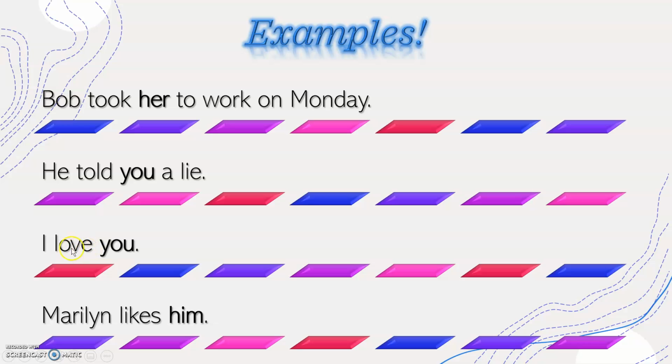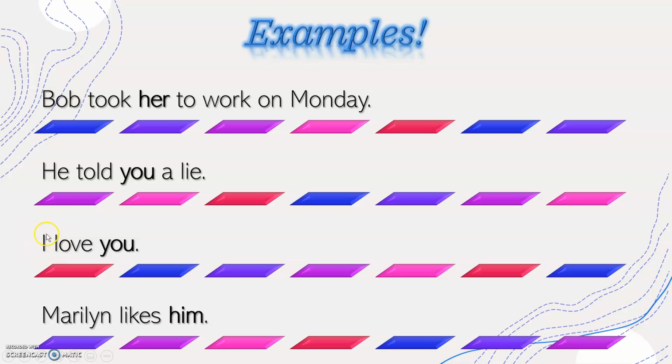Now what about this one, which is quite common? I love you. I is the subject pronoun, love is the verb, and you is the object pronoun. So in this case, you, which is the object pronoun, is the one that receives the action of loving from me.